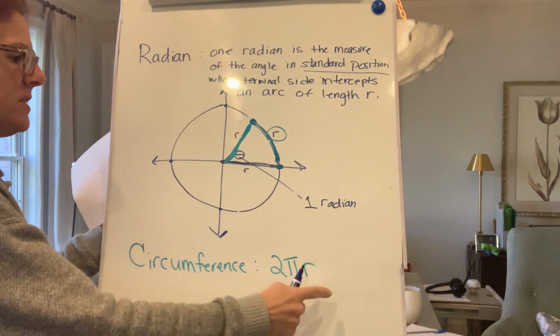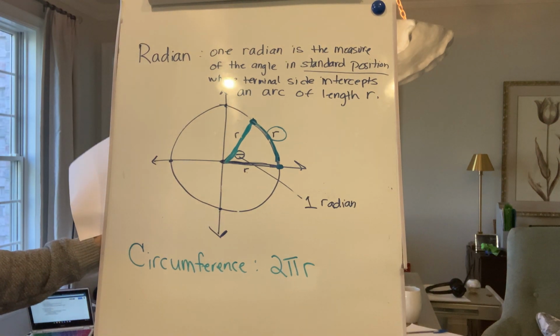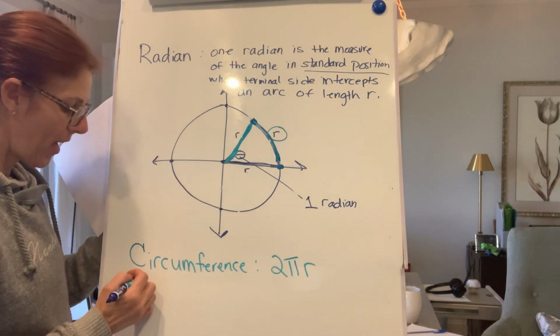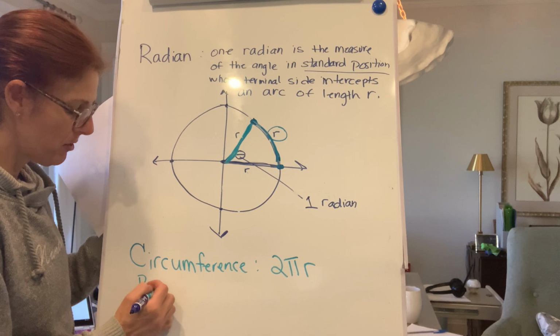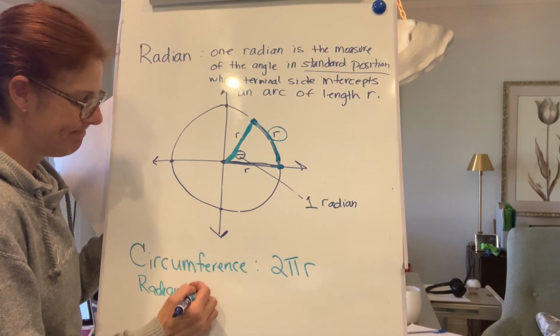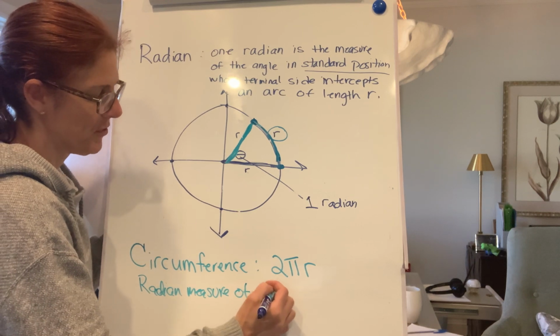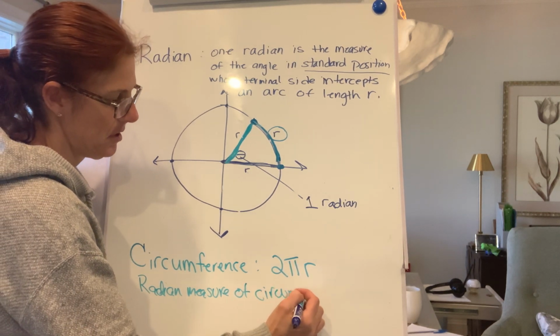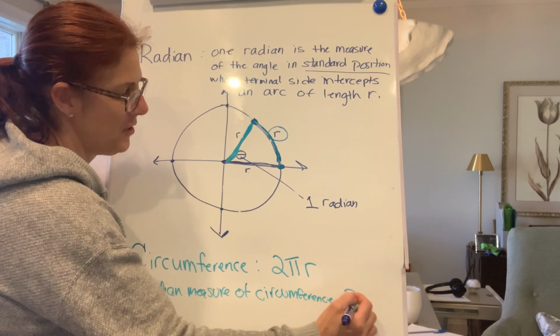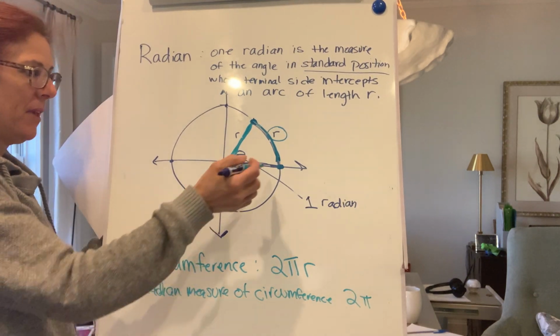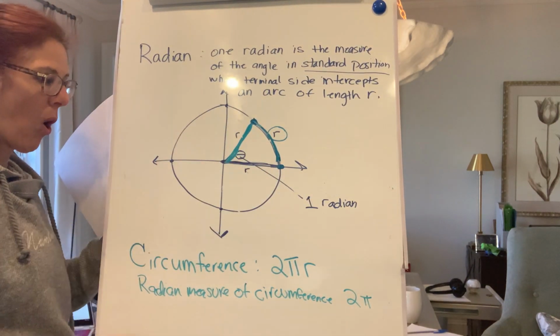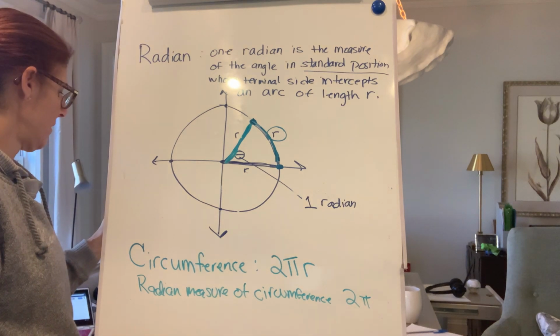So if the circumference is 2 pi r, then I know that the radian measure of the circumference is 2 pi, right? It takes me 2 pi to go all the way around there.